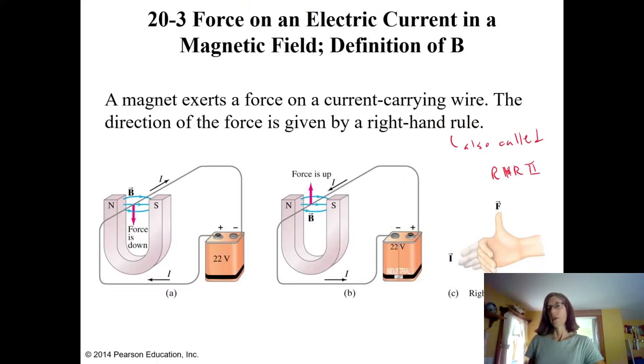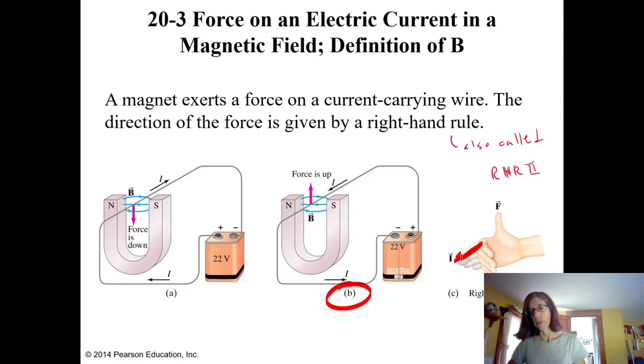So a magnet can also exert a force on a current carrying wire, and this direction of force is given by what's known as right-hand rule number 2. In this case, looking at setup B, the current is moving towards the left-hand side of this slide.